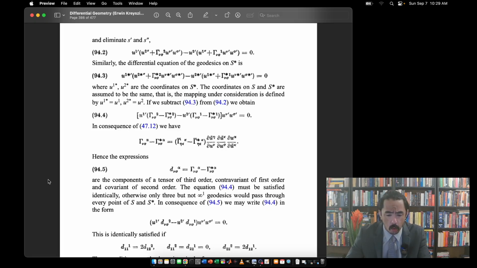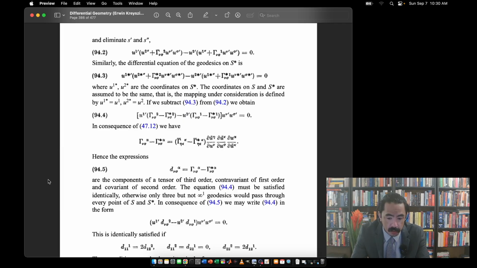Similarly, the differential equation of the geodesics on the portion of a surface S star is u1 star prime times quantity u2 star double prime plus Γ*_{νσ}^2 times u^ν star prime times u^σ star prime closed quantity minus u2 star prime times quantity u1 star double prime plus Γ*_{νσ}^1 times u^ν star prime times u^σ star prime closed quantity equals 0, where u1 star and u2 star are the coordinates on the portion of a surface S star.